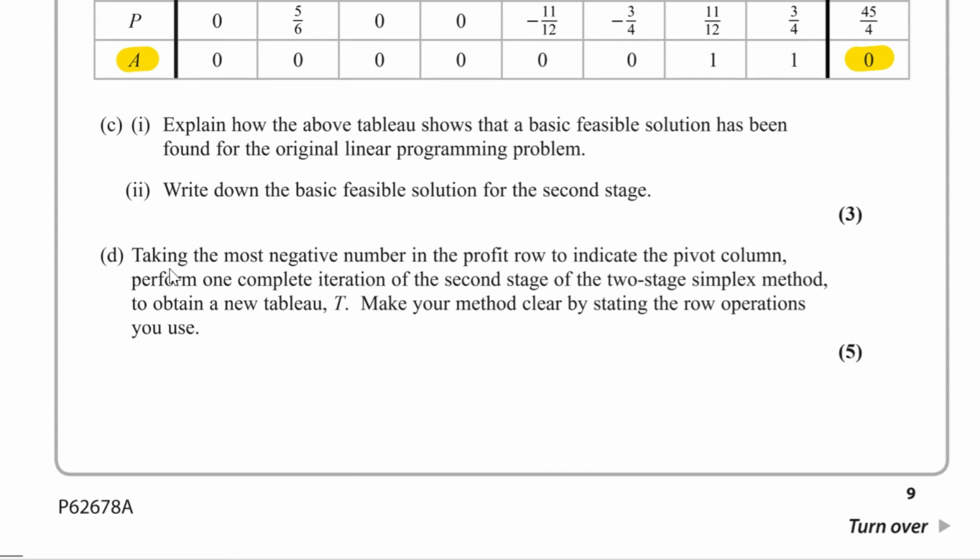For part D of the question, taking the most negative number in the profit row to indicate the pivot column, we have to perform one complete iteration of the second stage of the 2-stage simplex method to obtain a new tableau, T. Make a method clear by stating the row operations you use.